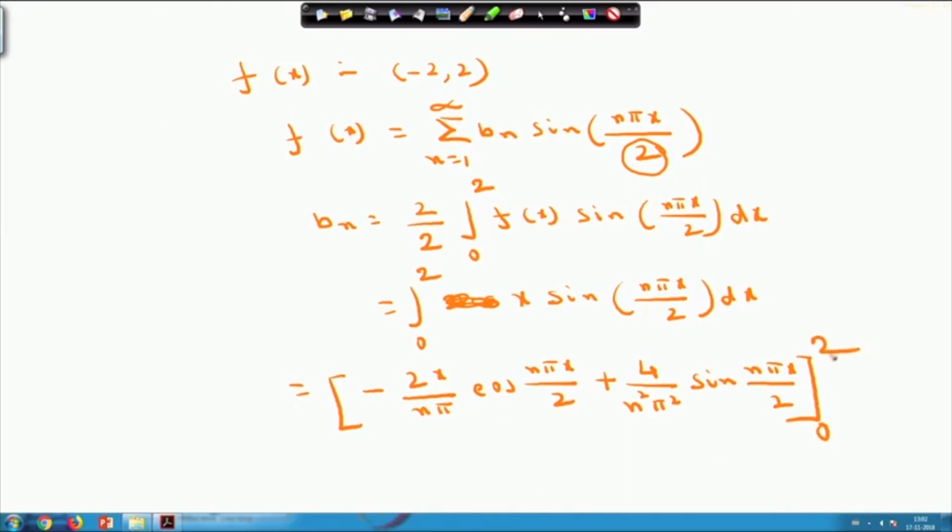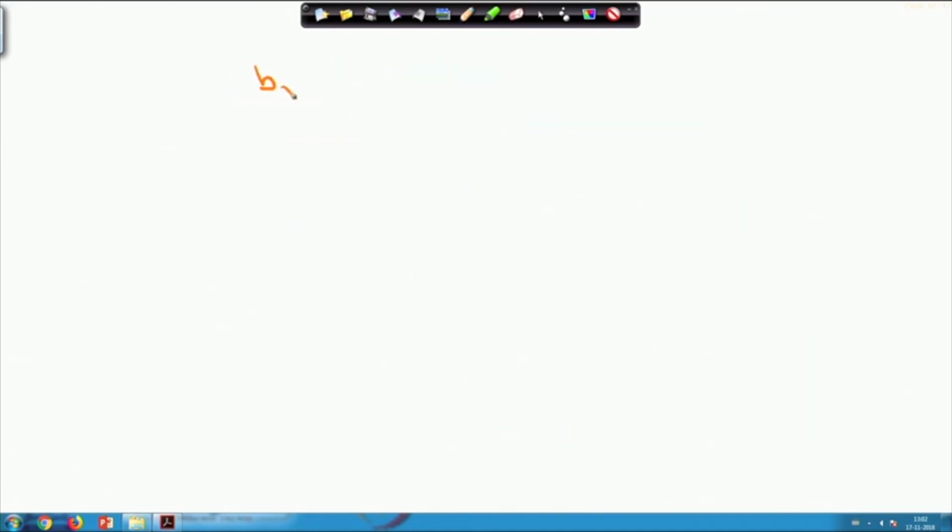So, if I put the limits over here, I will obtain b n equals 4 into minus 1 to the power n by n pi, then 1 minus sign will come. So, b n equals minus 4 into minus 1 to the power n by n pi.